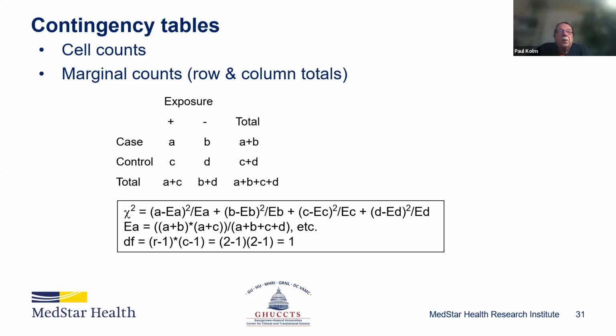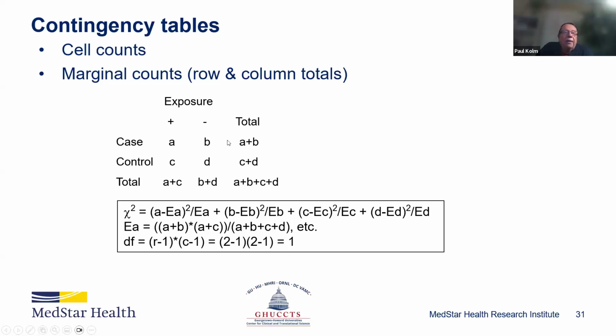I'm going to use just 2x2 tables here, since that's a lot easier. In our 2x2 table, we have cases and controls, in other words, cases are the ones who have the disease, controls are not. Exposures are whether they've been exposed to some treatment or some other factor, like race or gender, whatever.